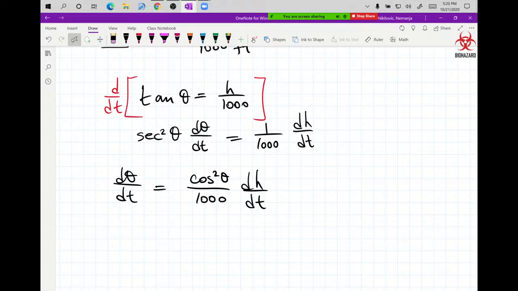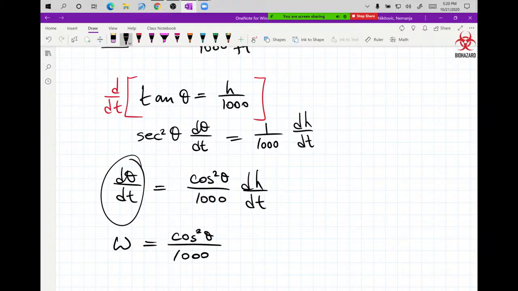And this is the omega, the angular velocity at which the servo motor is supposed to spin to have the rocket in the center of the shot at all times.